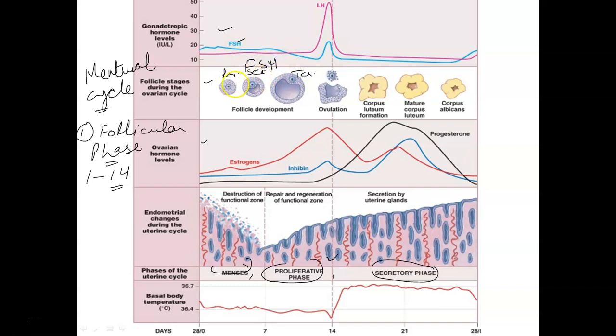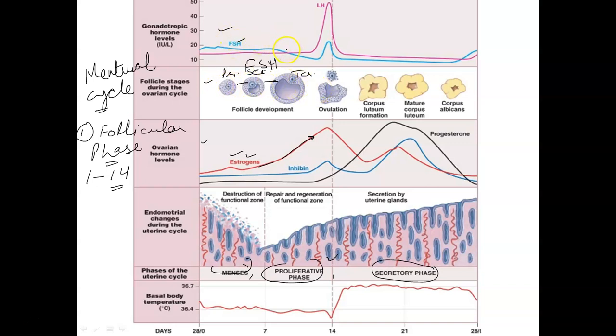When the follicle cell is changing from primary to secondary to tertiary, at this time FSH also stimulates the granulosa cells, the follicular cells, to secrete estrogen. So estrogen is also increasing in amount.